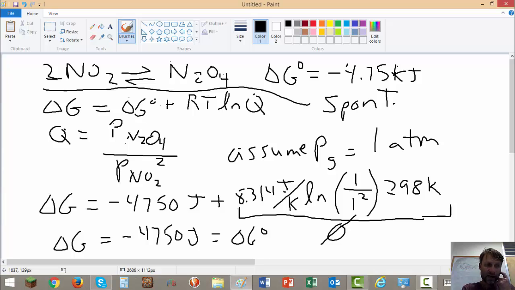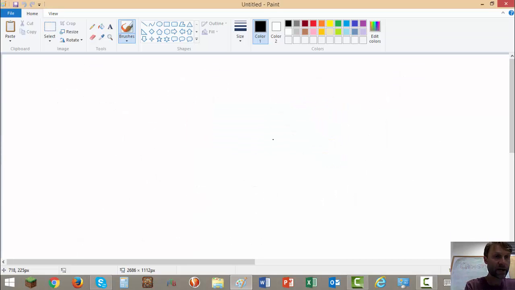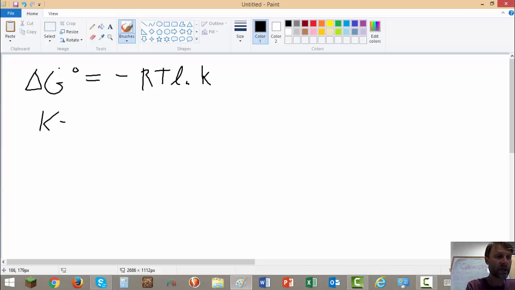We can calculate the extent of that shift by calculating the equilibrium constant. And we can do that right now relatively easily. We're given this equation, delta G0 equals minus RT ln K, and rearranging we get K equals e to the minus delta G0 over RT.